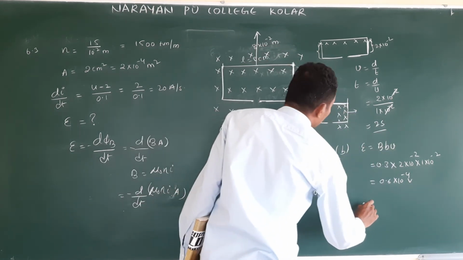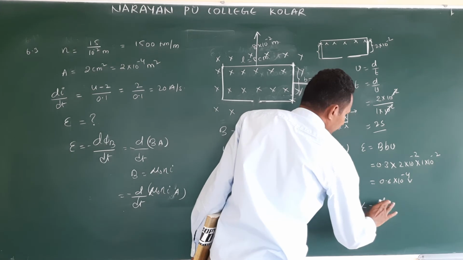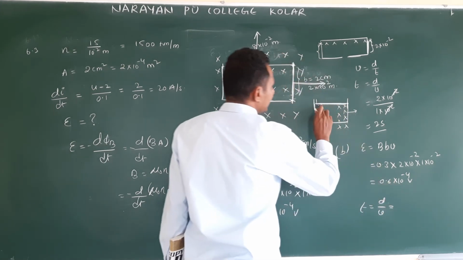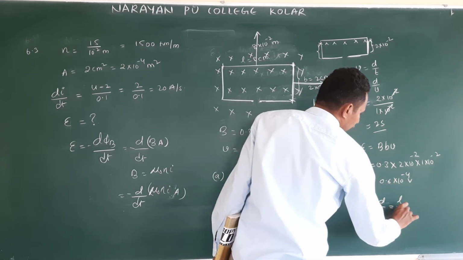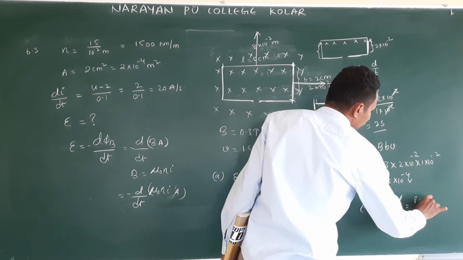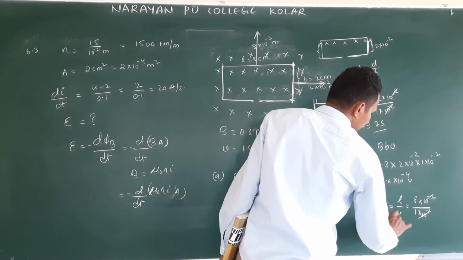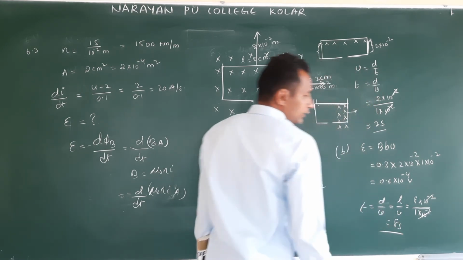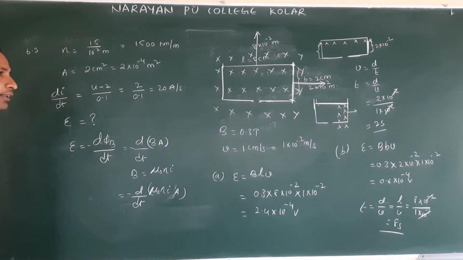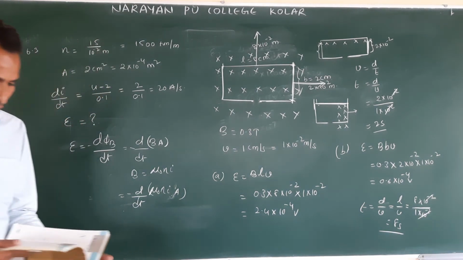Time is equal to distance by v. What is the distance here? The length, so L by v. The length is 8 into 10 power minus 2 by 1 into 10 power minus 2. The 10 power minus 2 cancels, giving 8 seconds. In 8 seconds, it maintains EMF in the breadth. Clear? So make a note of this.